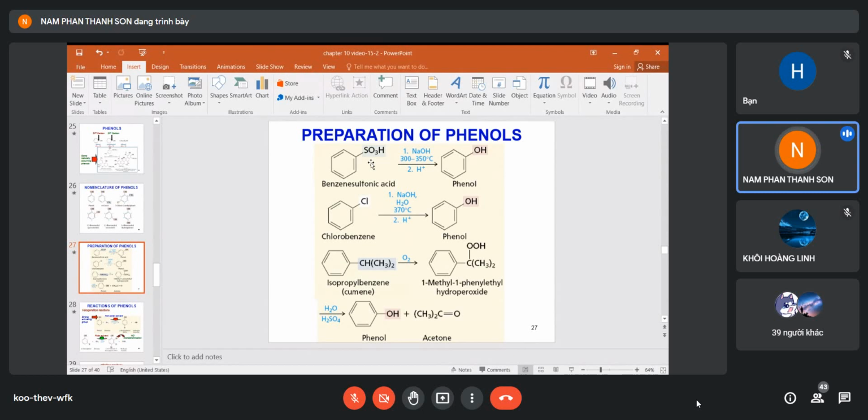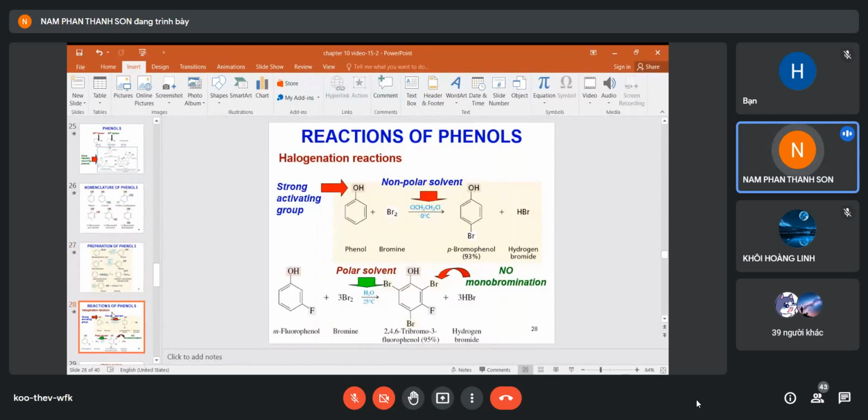In the industry, people can also make phenol from cumene, that is isopropylbenzene. People carry out the oxidation reaction, and then we have two valuable products, that is phenol and acetone. There is one more method to make phenol, but we study that method in chapter 13. So that's how we make phenol.